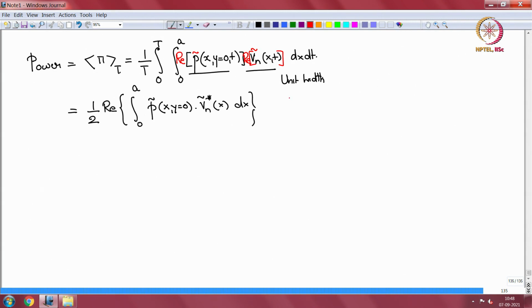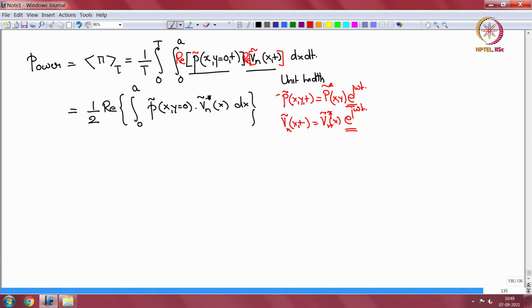So that I can have P tilde at x comma y comma t as some other P tilde star of x comma y e to the power j omega t, and V tilde n of x comma t as some other V tilde n star of x e to the power j omega t. This e to the power j omega t is the thing that always messes up.